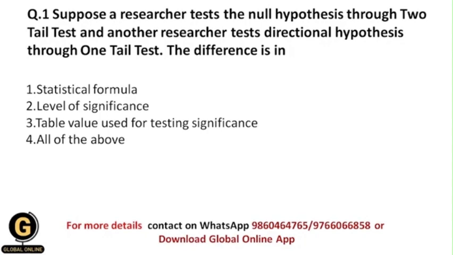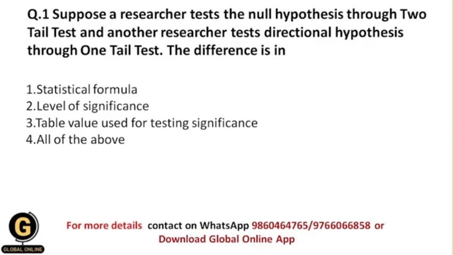So basically students, in a one-tailed test there is only one end for the alternative hypothesis, and that's why it is called the directional hypothesis. But a two-tailed test has two ends, both the left and right ends.